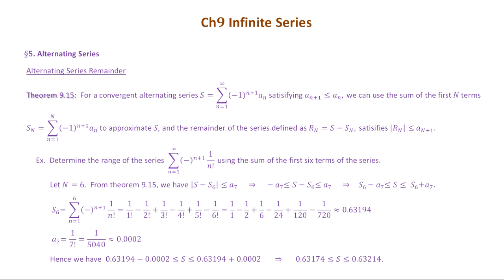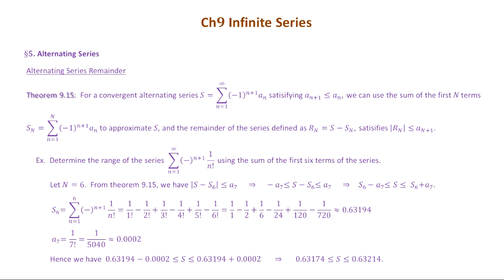And 5 factorial is 5 times 4 times 3 times 2 times 1, and that's 120. And then 6 factorial, done the same way, is 720. So you just add those fractions and then convert to a decimal. You get this number.